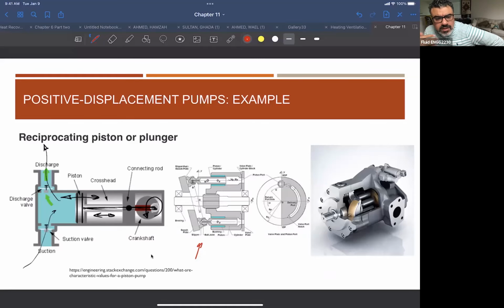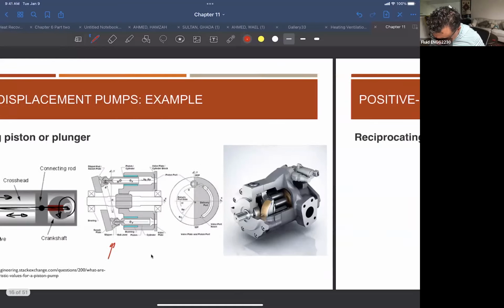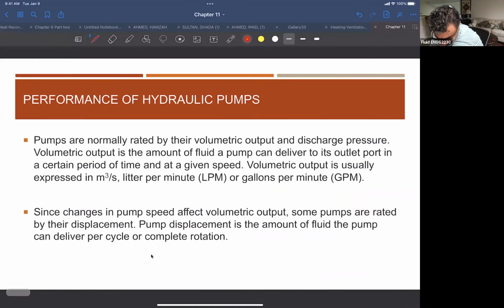Just a simple understanding of when we integrate a pump in a system: what will be the power of this pump? What will be the mechanical efficiency of this pump, if we have certain types of losses and so on, right? So I encourage you to read more about this.